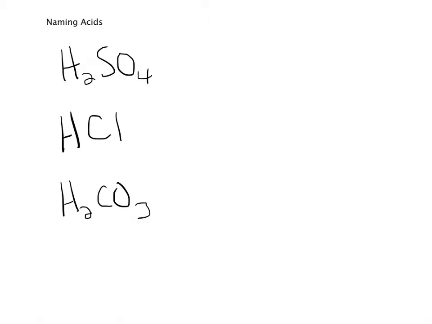So let's take a look at kind of a flow chart that will help explain how to do this. All right, so here you could see a flow chart for naming acids. We'll just call this the acid flow chart.